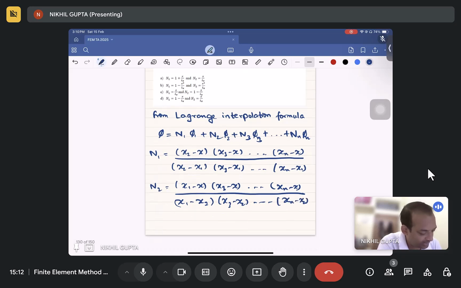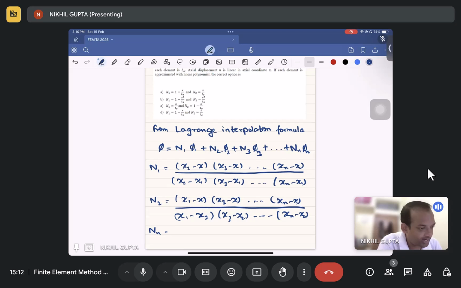So there is a pattern in this for which we can write Nn as (x1 minus x)(x2 minus x) up to (xn-1 minus x), divided by (x1 minus xn) up to (xn-1 minus xn).